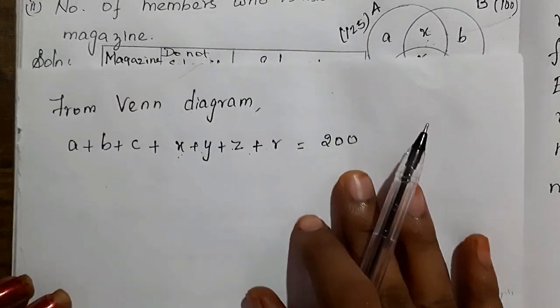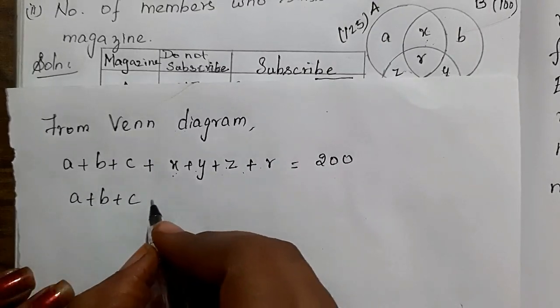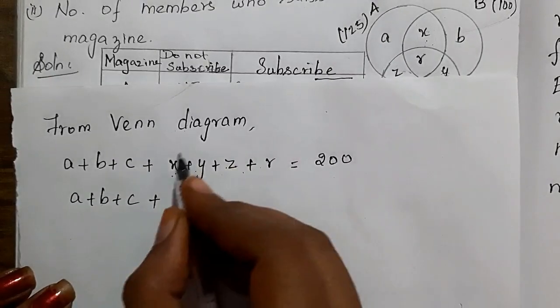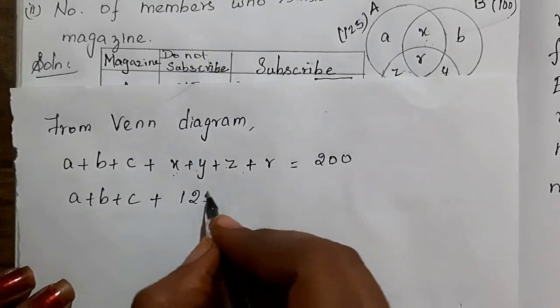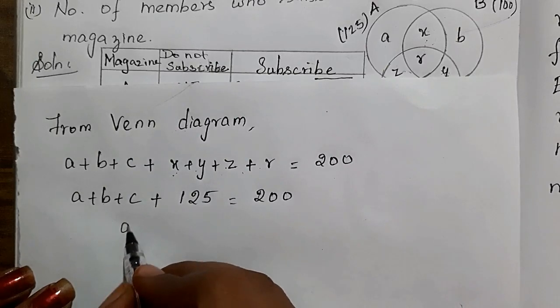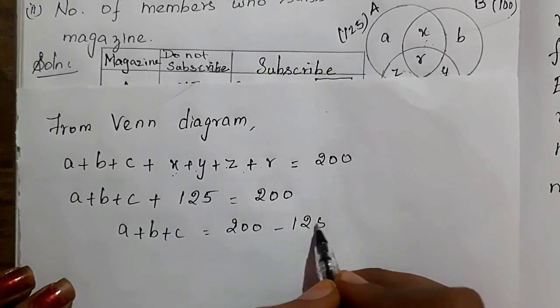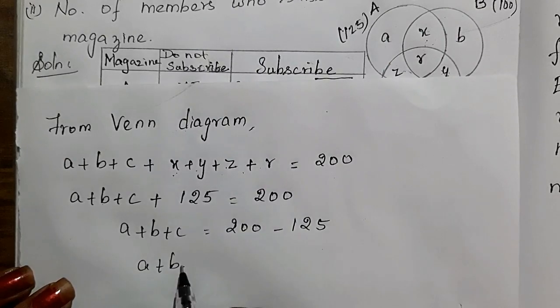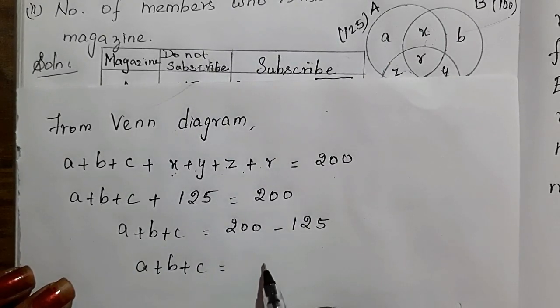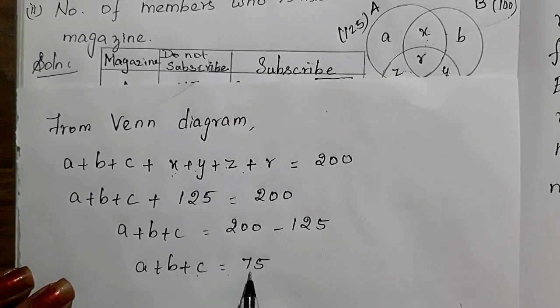Just we can substitute here. So a plus b plus c plus 125 equal to 200. So a plus b plus c equal to 200 minus 125. When you subtract, you will get the answer 75. So a plus b plus c equal to 75.